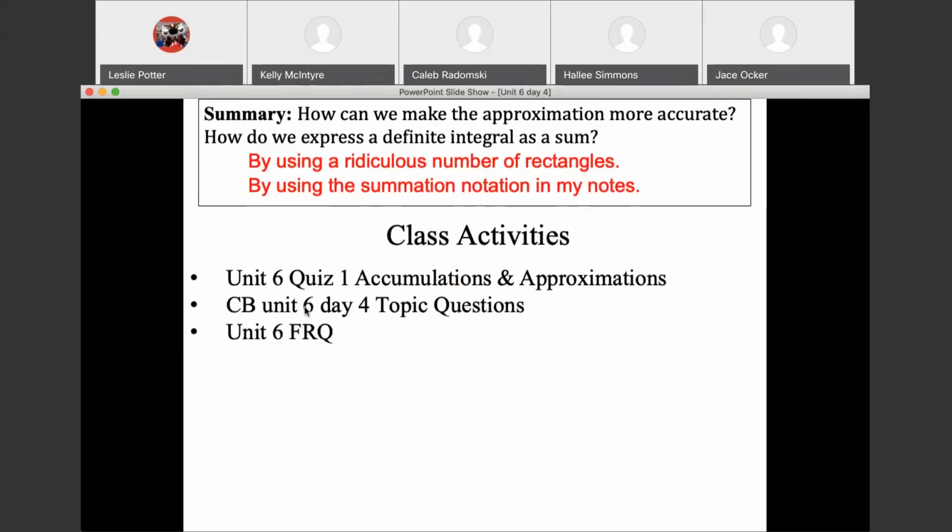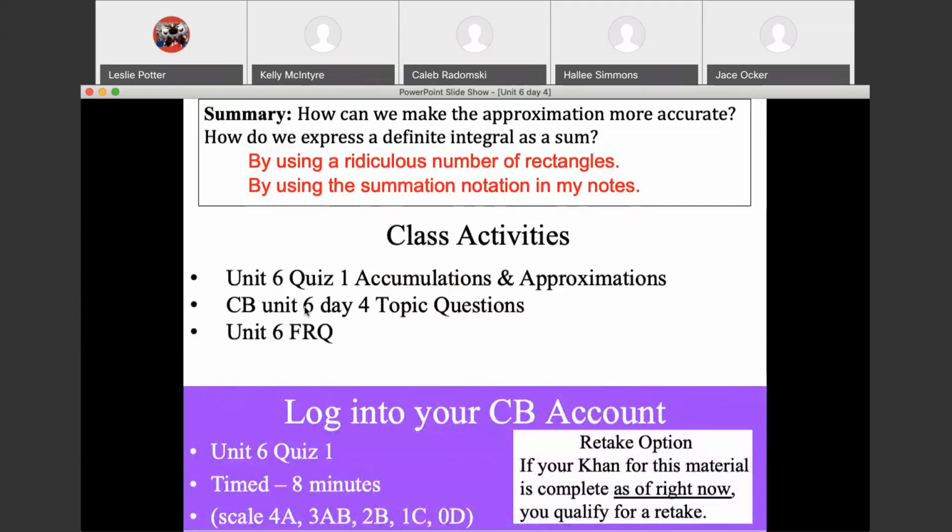Then I'll come around and check your day 4 notes sometime during the class period. First on the list of things to do is get that quiz done. It's a 4-question quiz. That's why it's 8 minutes. Any questions? All right, go for it. Go ahead and log on. I'm going to hang out here in College Board. Make sure you're all in that quiz.